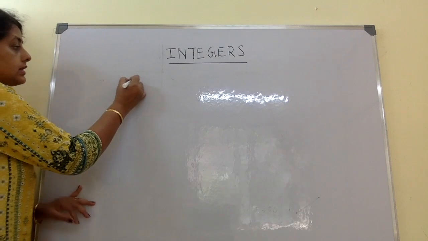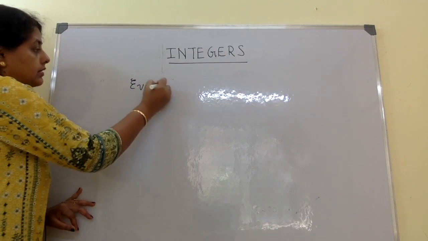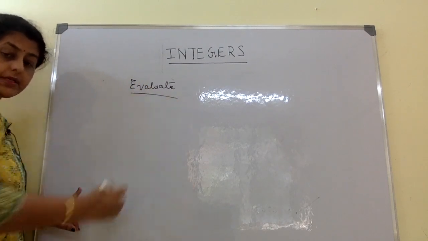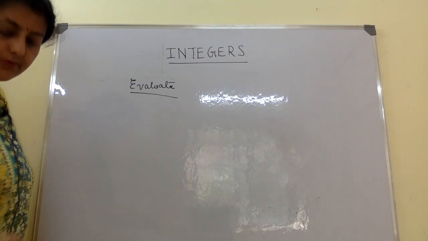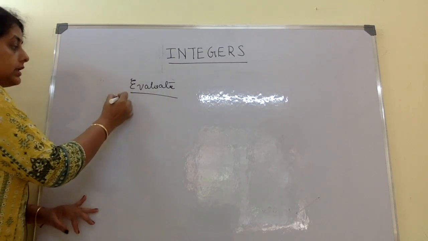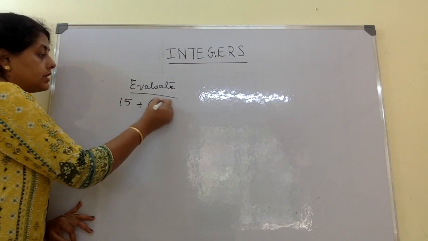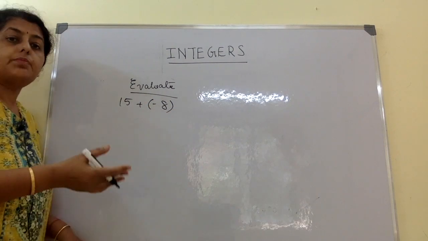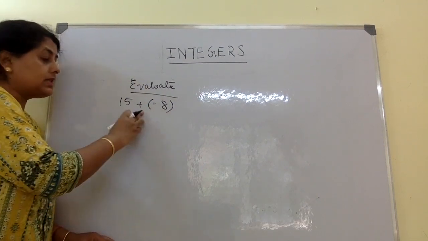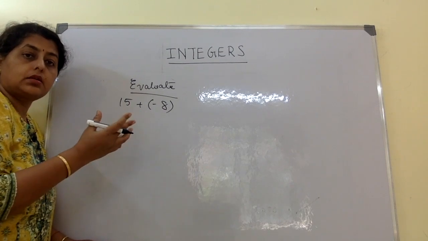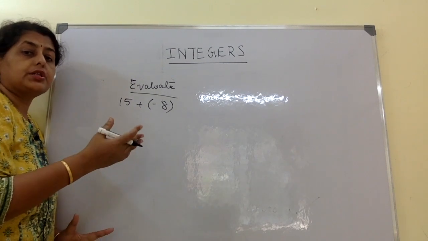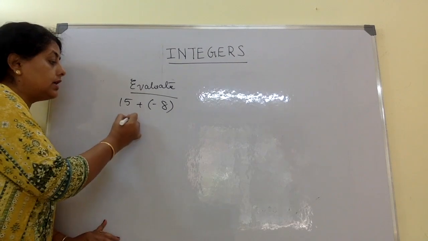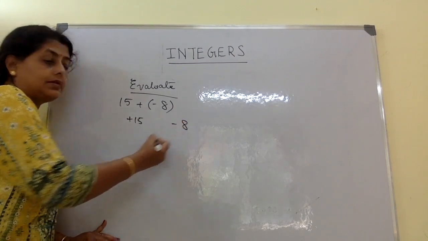Let's see, they say evaluate. Evaluate means find the value of. 15 plus -8. Now when they say plus here, it means that it is adding two integers. Which two integers? It is adding +15 and it is adding -8.